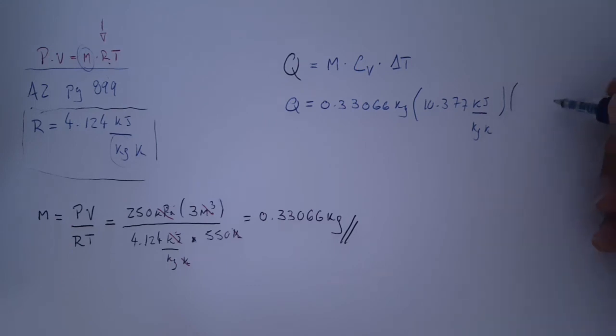And the difference in temperature, so what is the difference in temperature? The final one is 350. The initial one is 550.